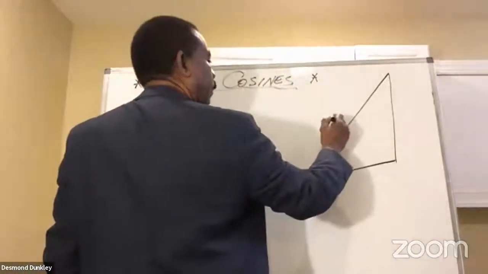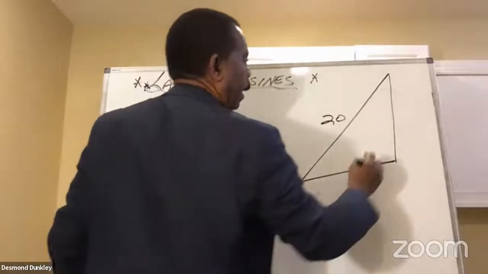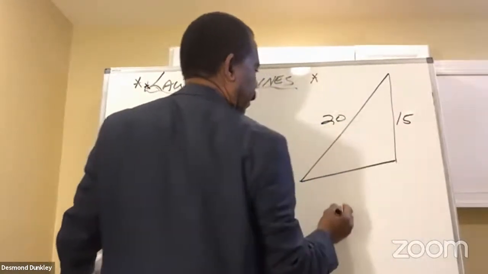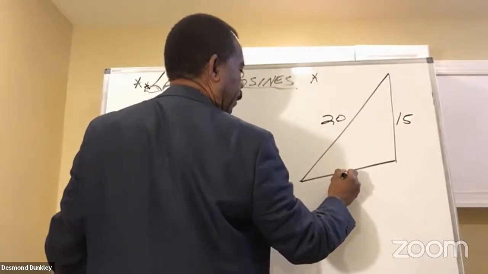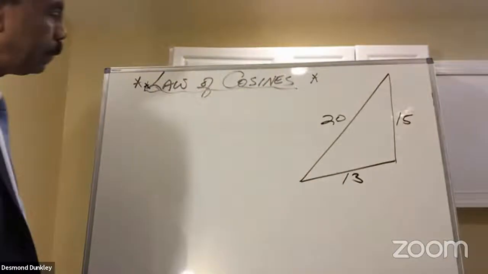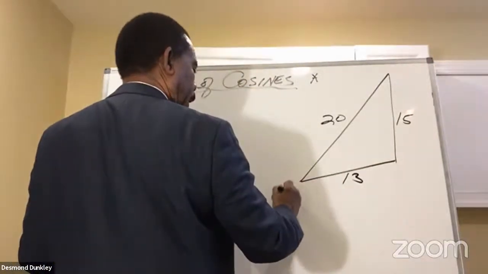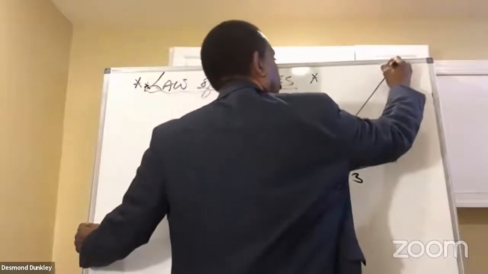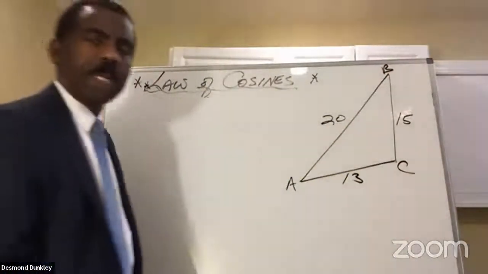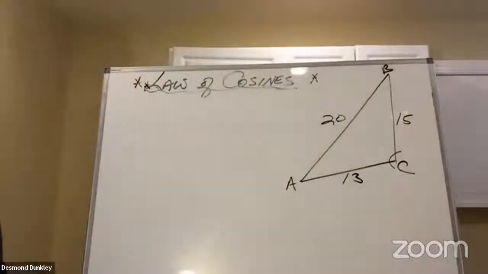Let's go for 20, 15, and 13, and let's call this A, B, C. And we need to find angle C.